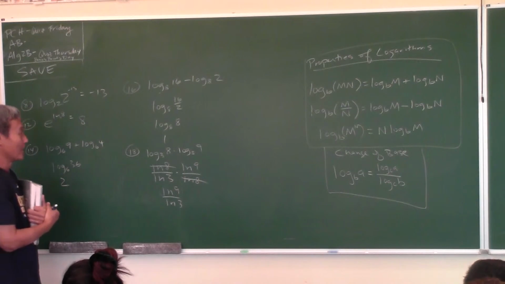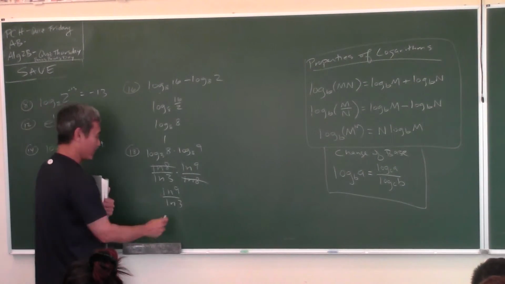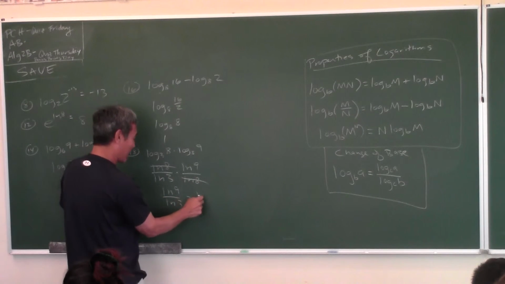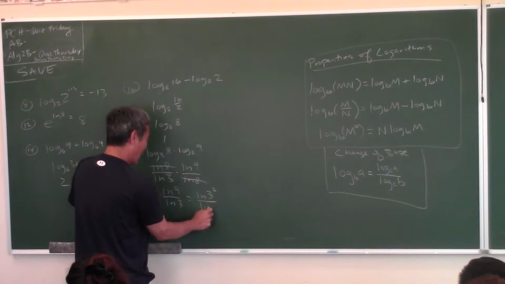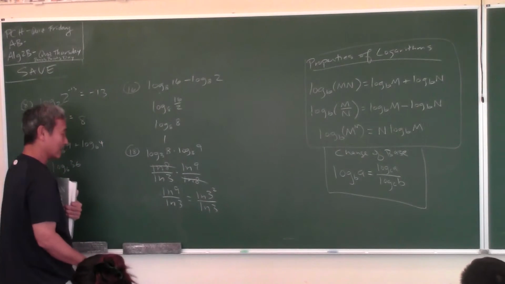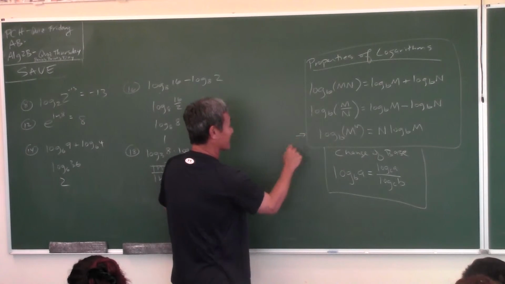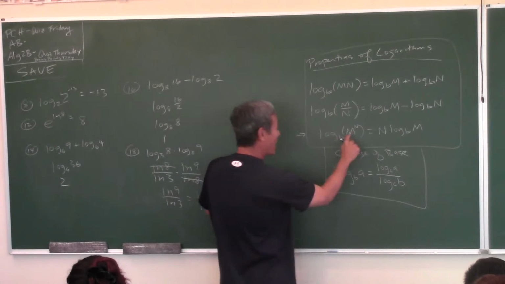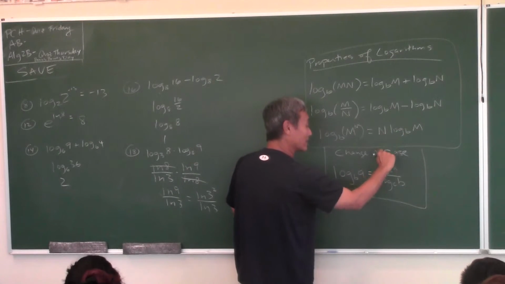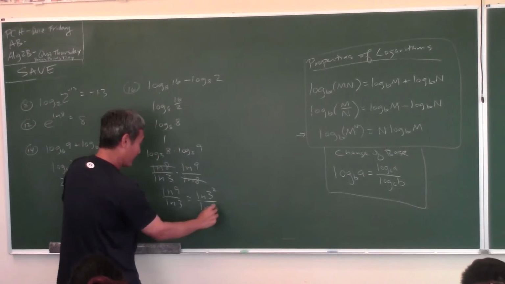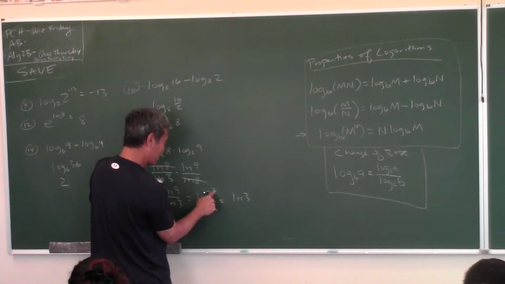You have to use your properties of logarithms. So here, let me show you what you need to do. You have to change 9 to 3 to the second power. Why? Common base. Because look at this third property. That's the one we didn't use yet. When you have a number to a power, you can put this power in the front. So, natural log of 3 squared, what can I do with that power?